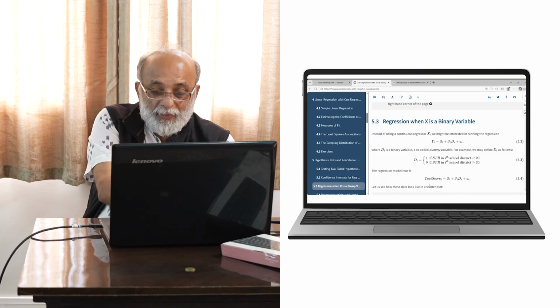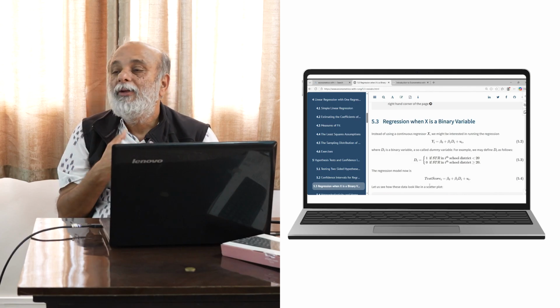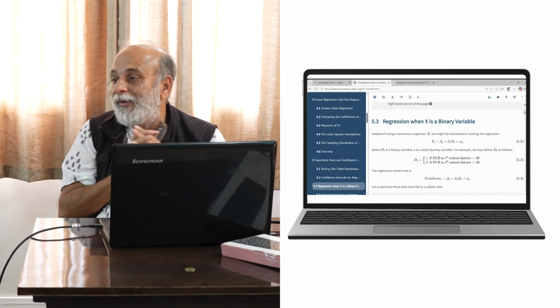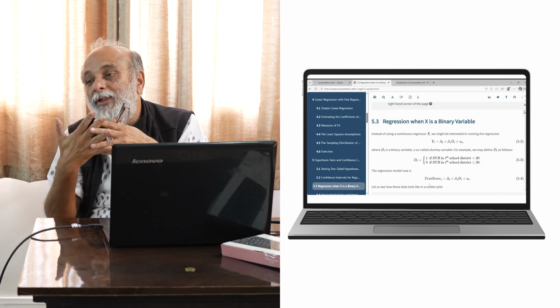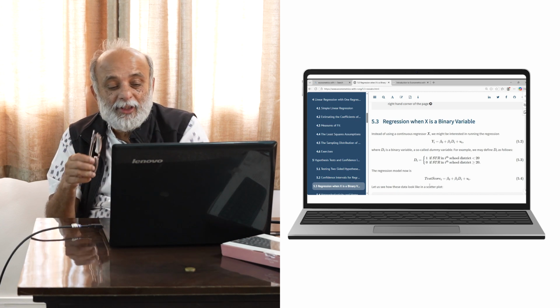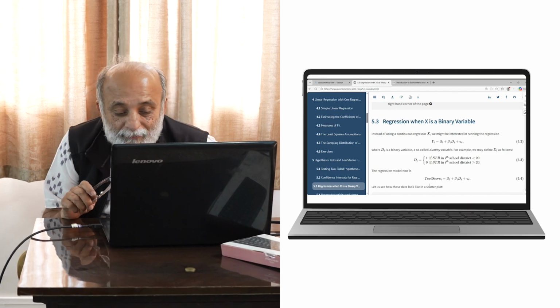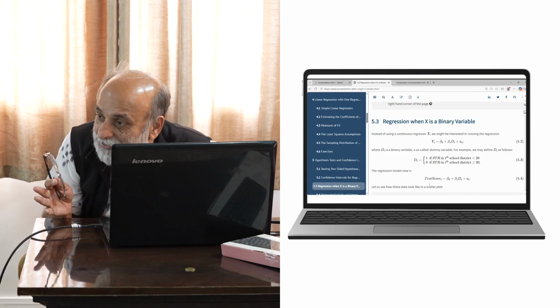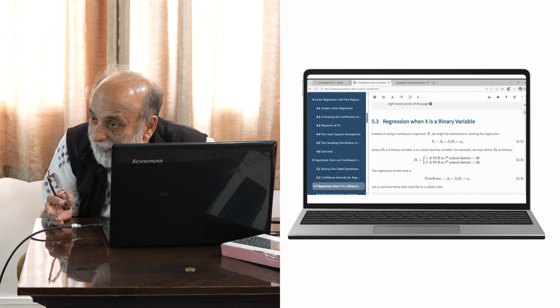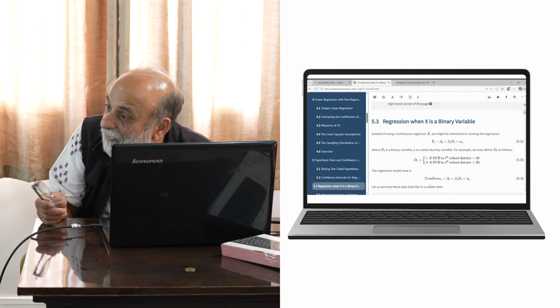So what we have is, for instance, in our example, we could want to distinguish schools which have a student-teacher ratio less than 20 and schools which have a student-teacher ratio greater than or equal to 20. Right? So we think of a variable di which takes the value 1 if the student teacher ratio is less than 20, and di takes the value 0 if the student teacher ratio is greater than 20.